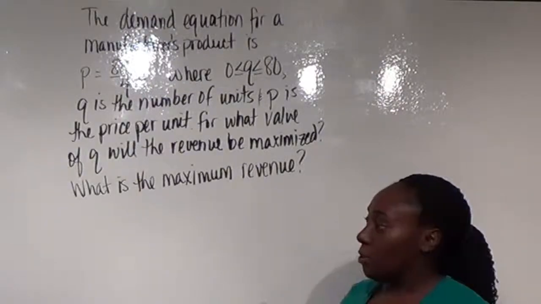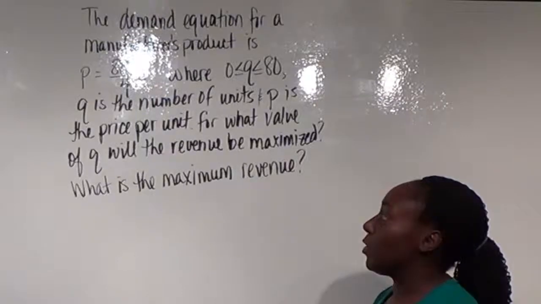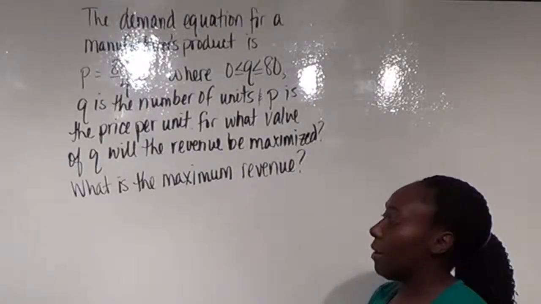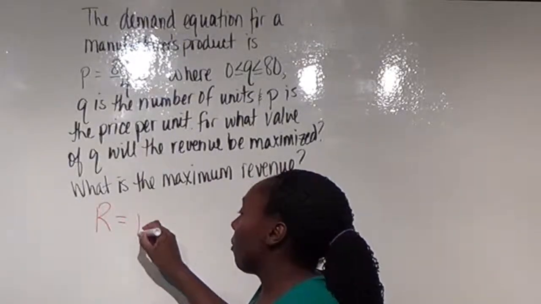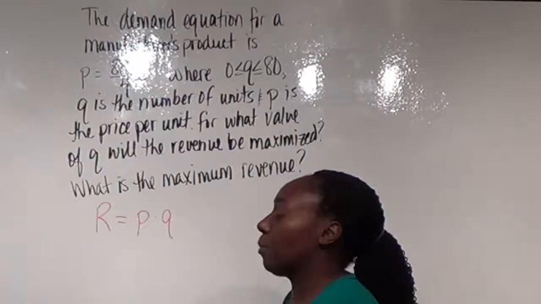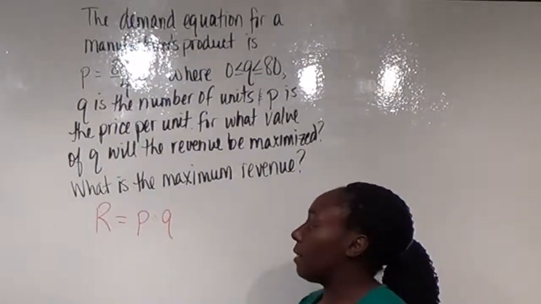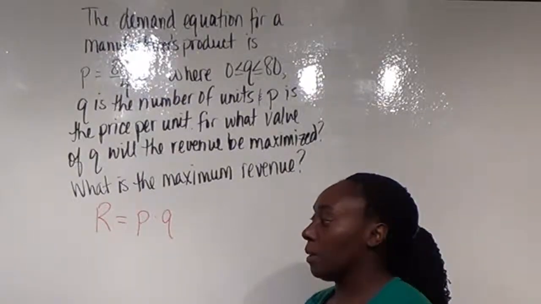Okay? So for this one, I can't really draw a picture, but I can use an equation to relate my variables. So again, I know that I want to find a maximum revenue, which means I need a revenue function. And we know that revenue is basically price times quantity. In this case, I have two variables, so I want to get it in terms of one variable.